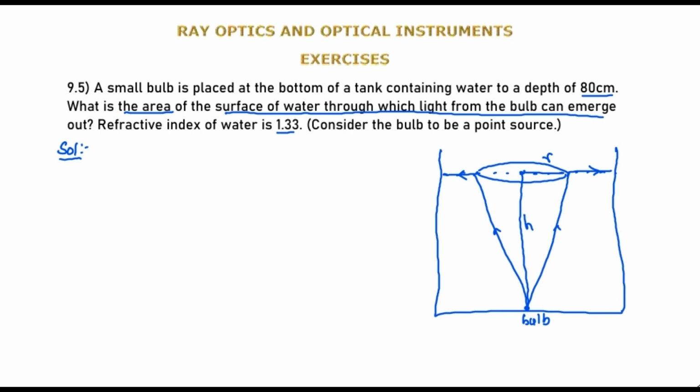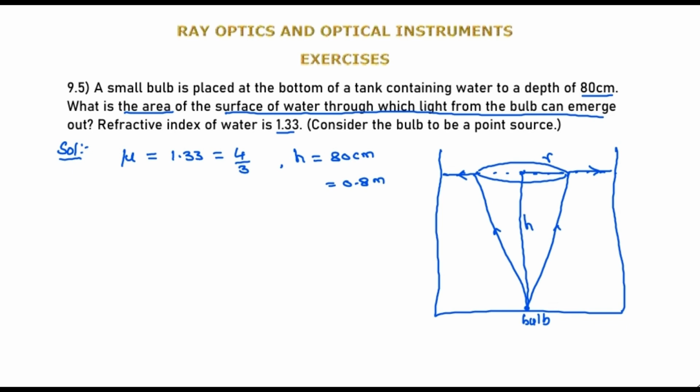According to the given data, the refractive index of the water is 1.33, that is also nothing but 4/3. And this H value, the depth of the water, is 80 centimeter, that is also nothing but 0.8 meter.